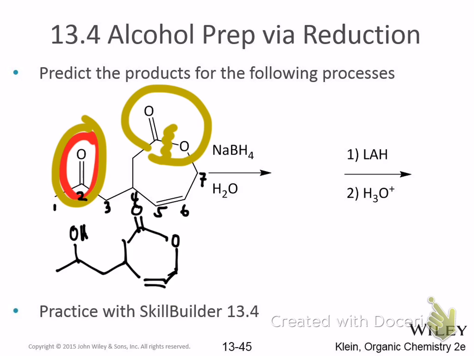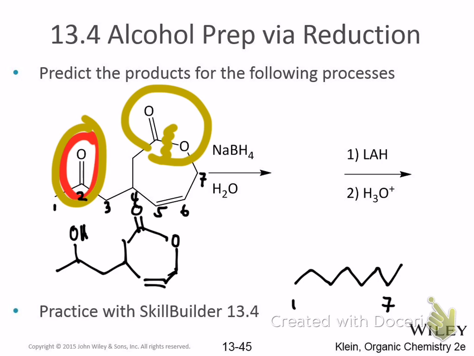And I'm going to draw a heptane. And then this is 1, and this should be 7. Let me double check. 2, 3, 4, 5, 6, 7, right? All right, that's close to right. This is 7 here.